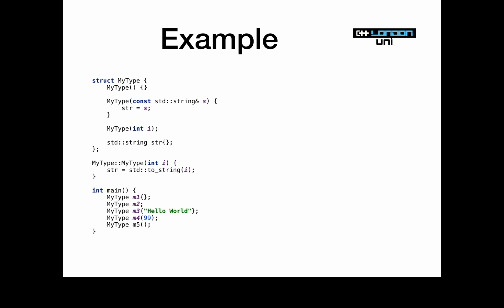Well, maybe. Yeah. So, I don't know if you said this before, but why is it bad to declare my type like that if you do an aggregate? Okay, so well, let's forget about aggregates for a minute and think about built-in types. If this was just int m2, that would leave it uninitialized.